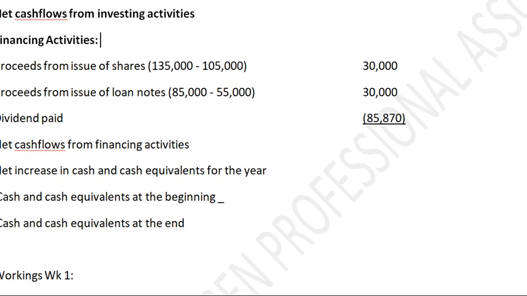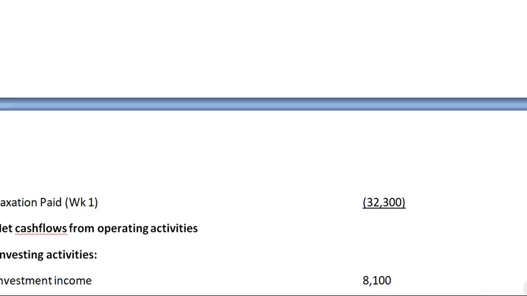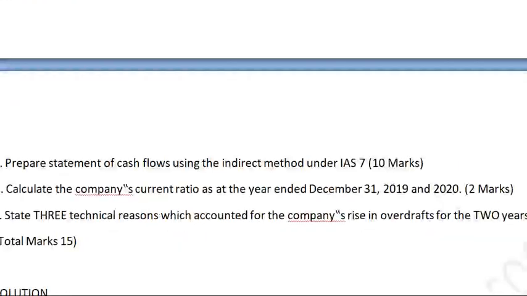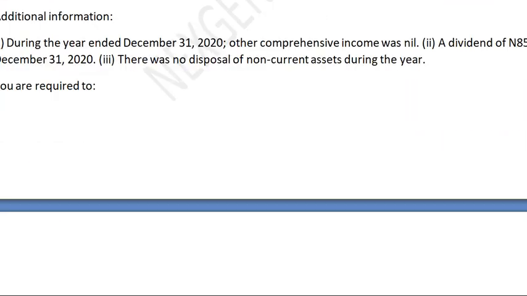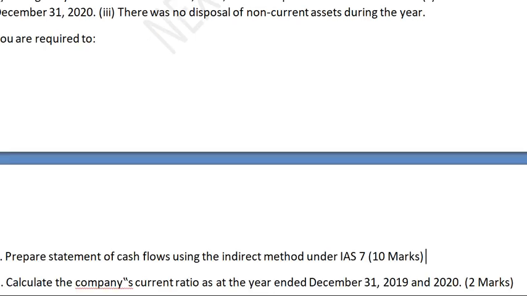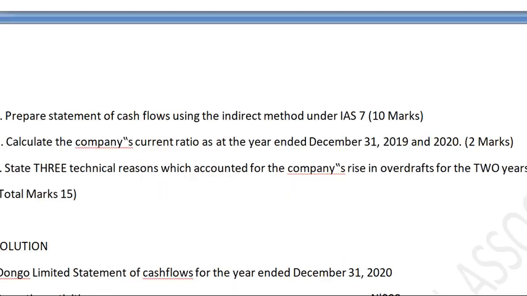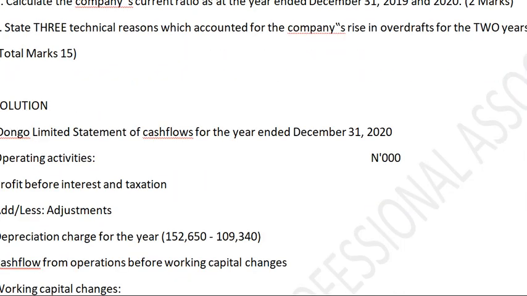That you see in the additional information, clearly stated. Let's go back to that place so that you can see it. Additional information: a dividend of 85,870 was paid during the year. Just as the name sounds, it was paid, meaning that one is a cash outflow.